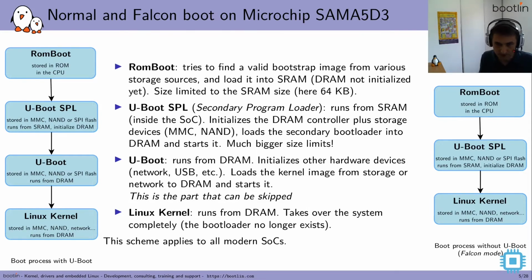But the job of this first stage bootloader is to initialize DRAM, which has, of course, much more space, so that you can load the entire U-Boot from storage and run it from DRAM this time. And then U-Boot will be in charge of loading the Linux kernel from wherever it's found, on storage or on a network, and run it from DRAM as well.